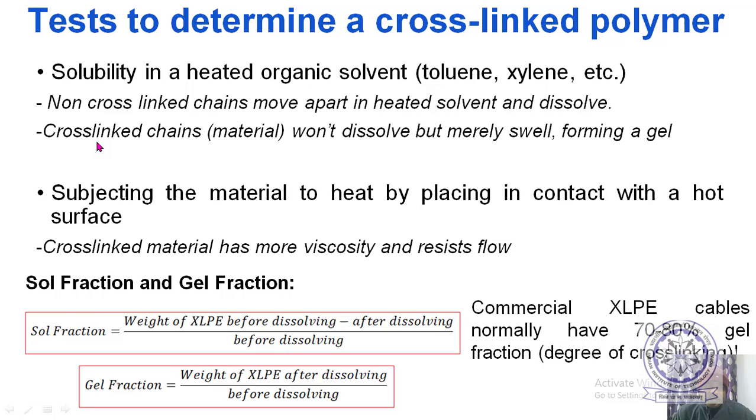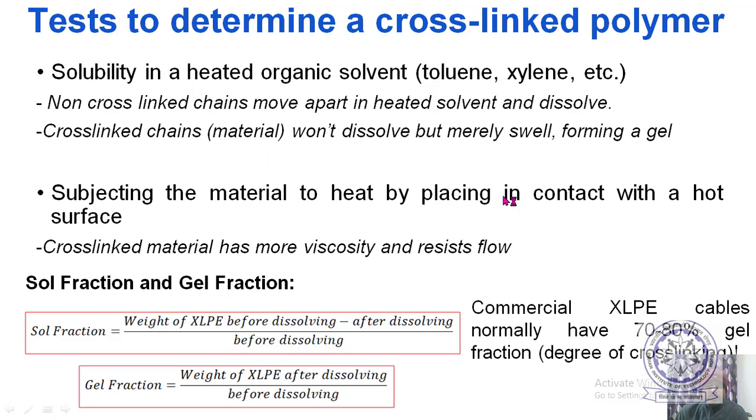And cross-linked chains won't dissolve, but merely swell, forming a gel. So, by finding out the sol fraction and gel fraction, you will find out the degree of cross-linking, how much it is cross-linked.